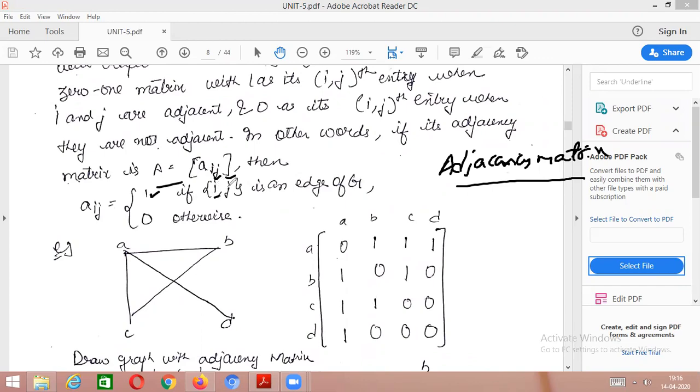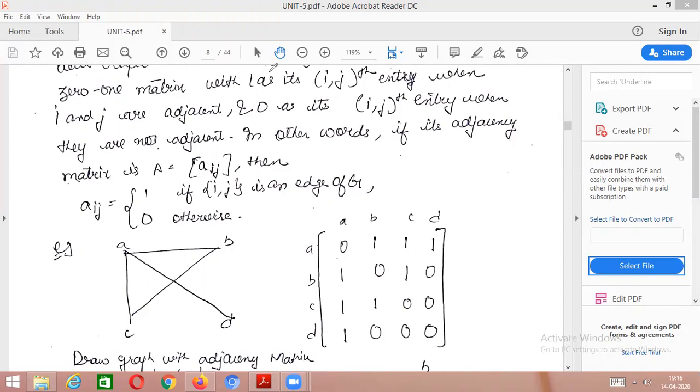If i comma j are two vertices and there is no edge, you write it as 0. Simply, in the adjacency matrix, if two vertices have an edge, you write its value 1.